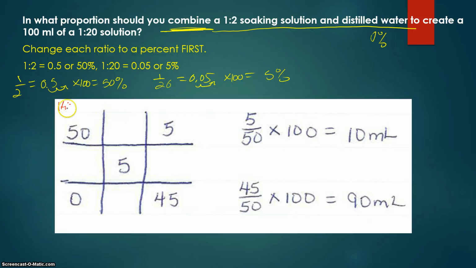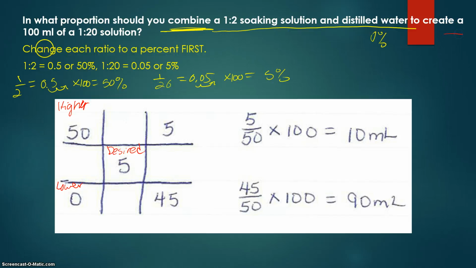Put the higher of the two that we started off with, which is what? The 50%, right? This 1 to 2 became the 50%. So in the lower left-hand corner, we're going to put the lower of the two, which is a 0%. And in the center, we have our desired quantity, which is the 1 to 20, right?